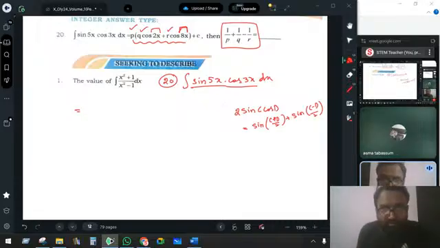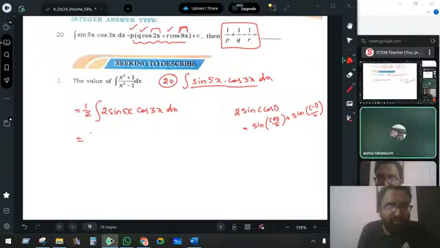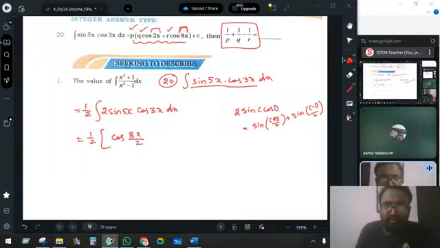So now please apply here. Keep the 1 by 2 outside. Integration of 2 sin 5x cos 3x dx. So it will be 1 by 2, sin of A plus B by 2, which is sin 8x by 2, plus sin 4x by 2.